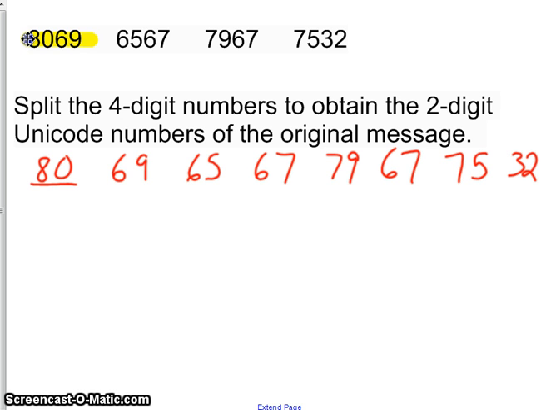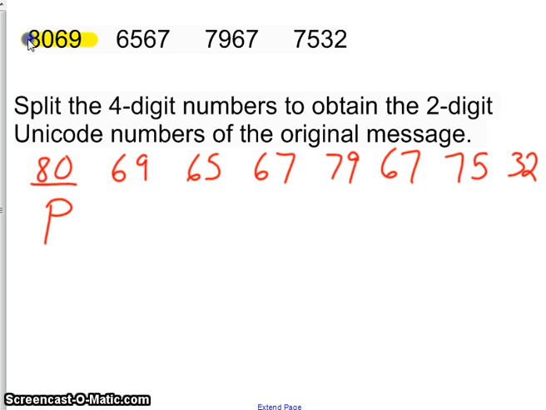And then I'm going to use the Unicode from the first page of the project to see what those numbers mean. So 80 means P. Are there any other 80s in this problem?